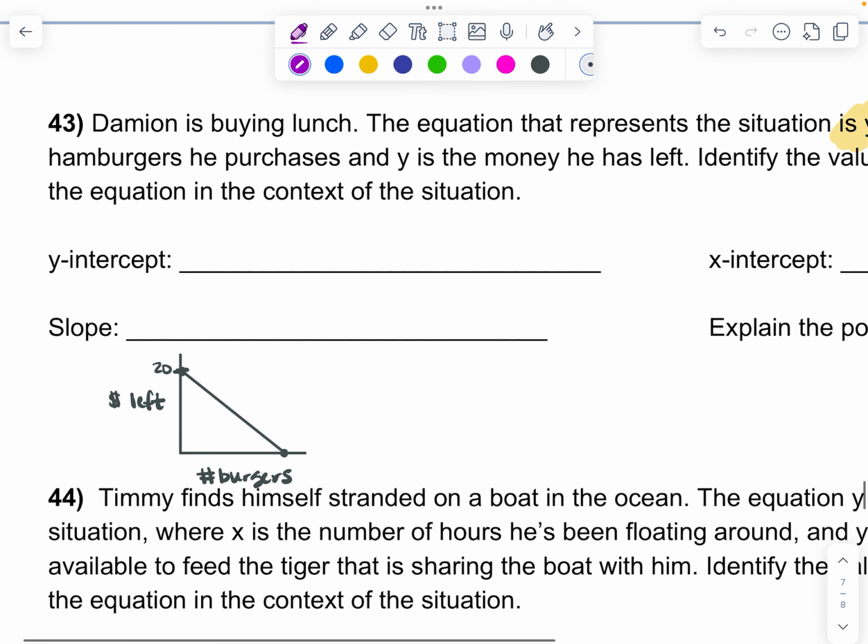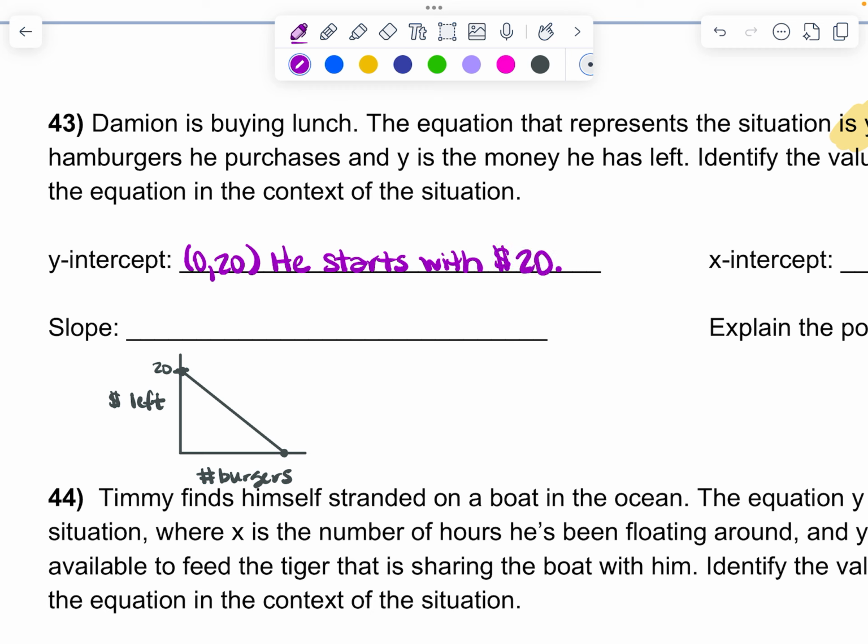So the y-intercept is obviously 0, 20. He starts with $20. If you want to be even more specific, you can say if Damien buys 0 burgers, he will have $20. That's the same thing as saying that's what he started with.